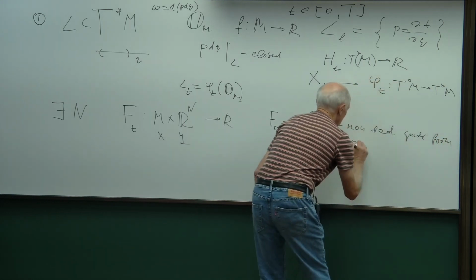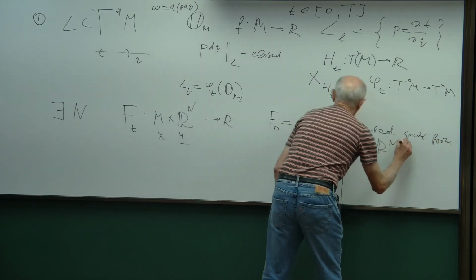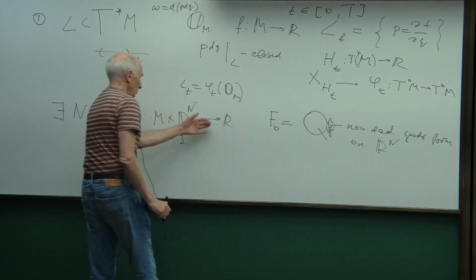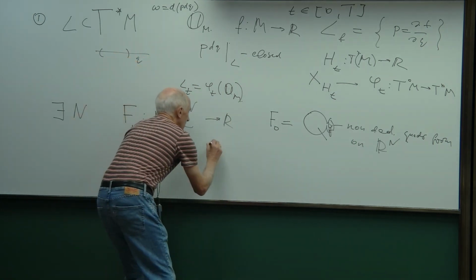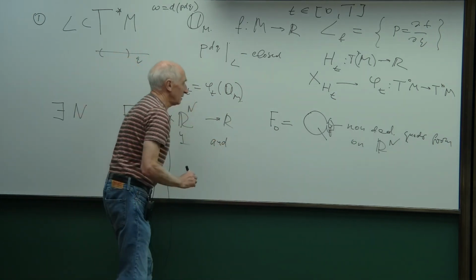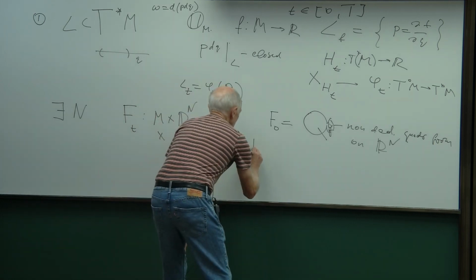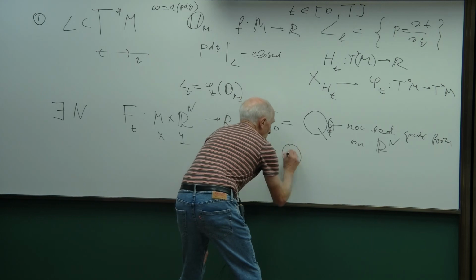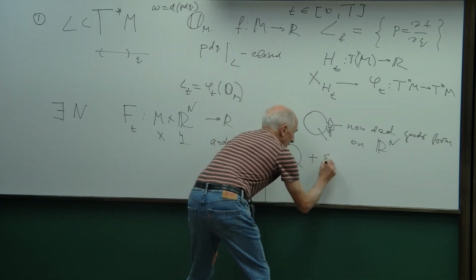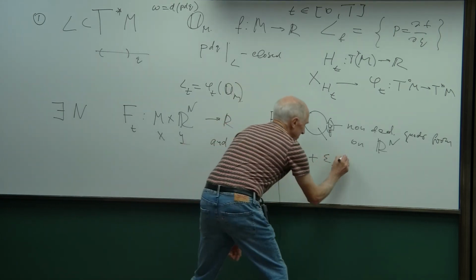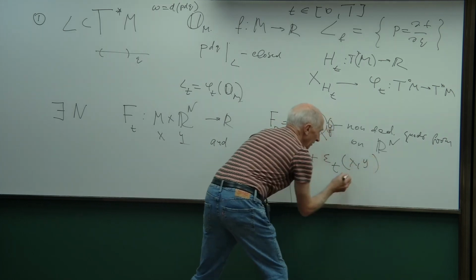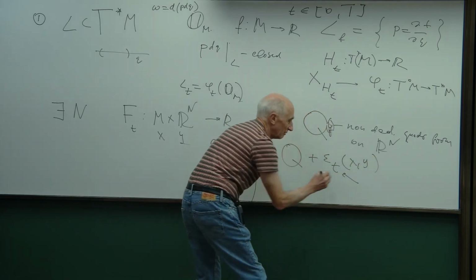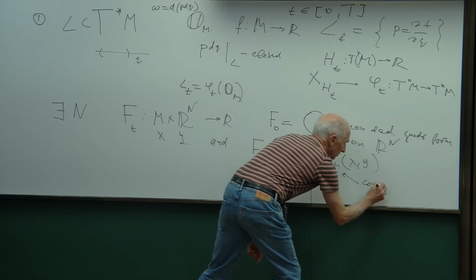Non-degenerate quadratic form on Rn. So you have this, and ft is equal to this q, and I will write plus some epsilon t of xy, where this is a function with compact support.